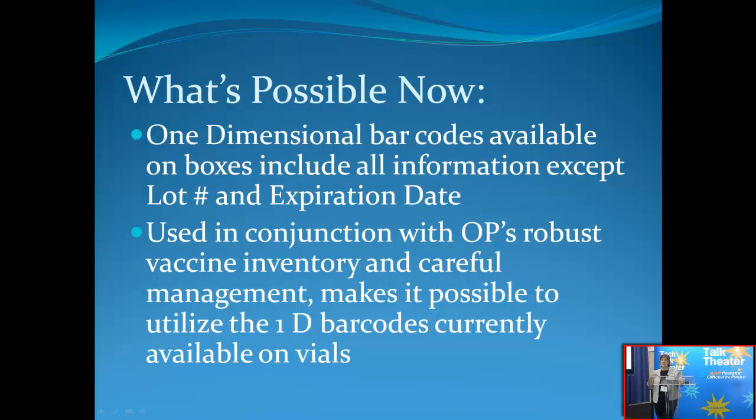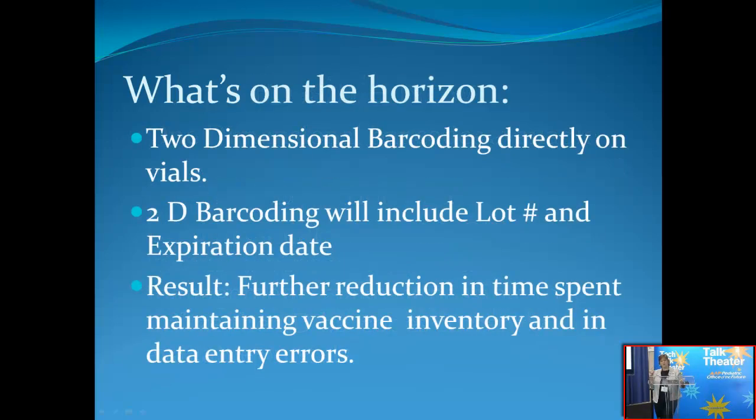Okay? The next step in the process will be that we'll have directly on the vials or on the individual doses, syringes, the two-dimensional barcode. And what that will give us is not only the NDC and the GTIN, but will also give us the lot number and the expiration date.